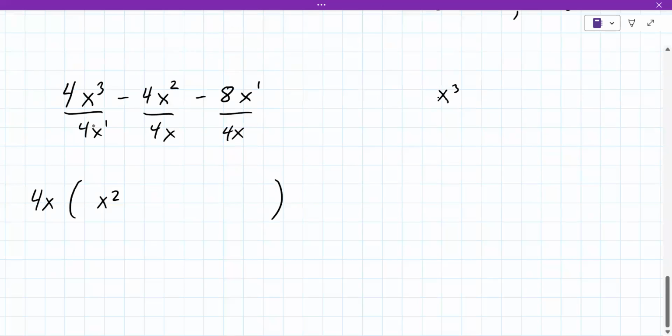When you divide, you subtract the exponents. So it would be x squared minus x minus 2. Could you factor that for us, please? X plus 1, x minus 2.